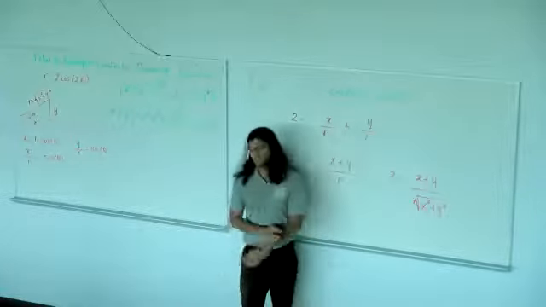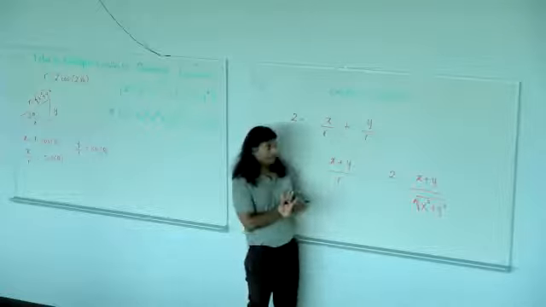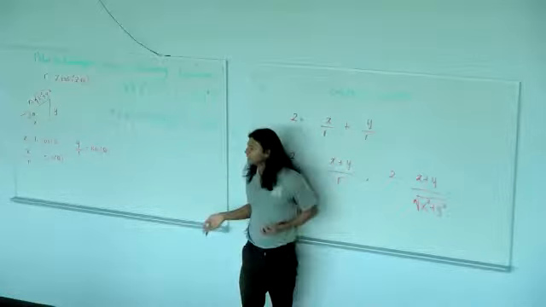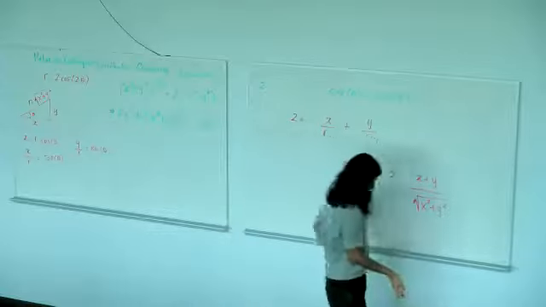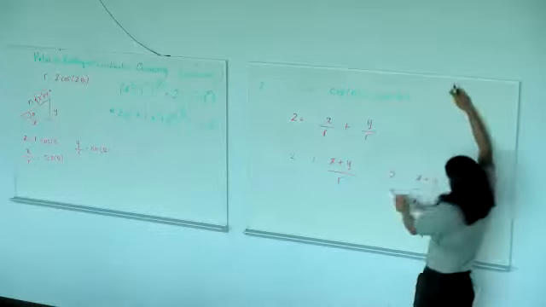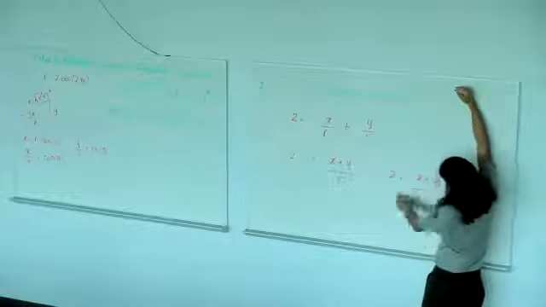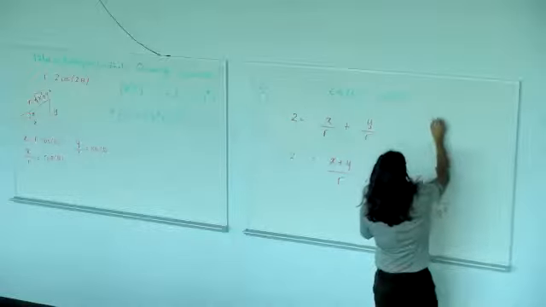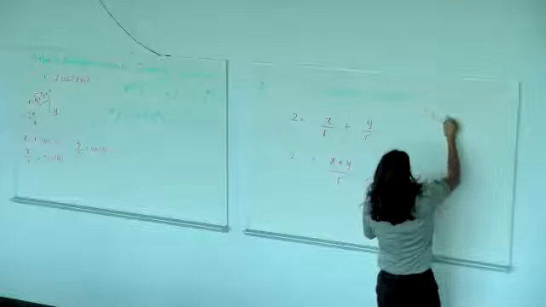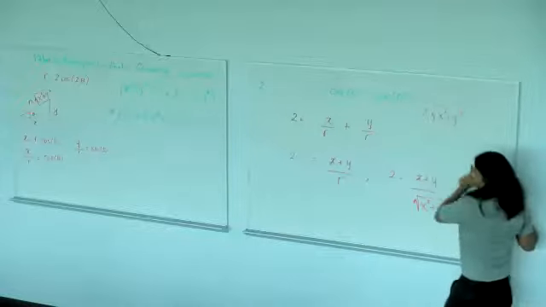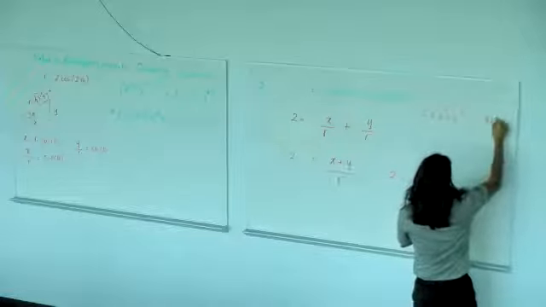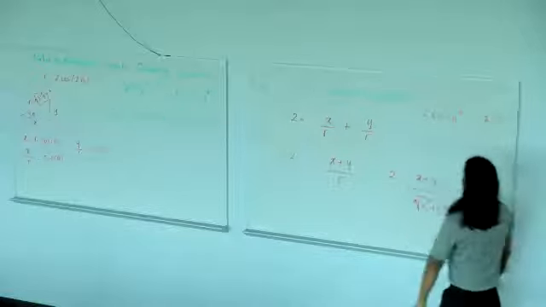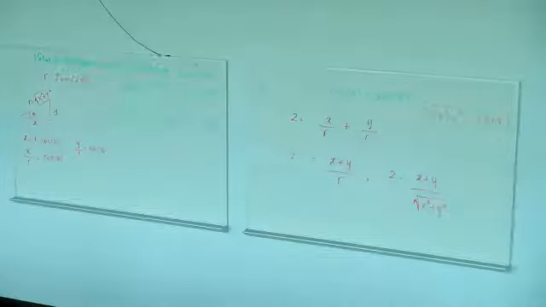Good. That may not be the answer that my lab or the exam would have. Multiply by the radical on both sides. So you have 2 times the square root of x squared plus y squared equals x plus y.